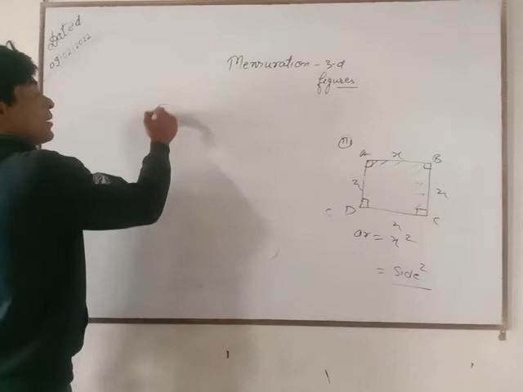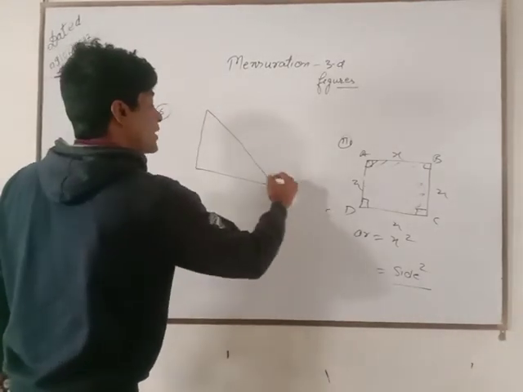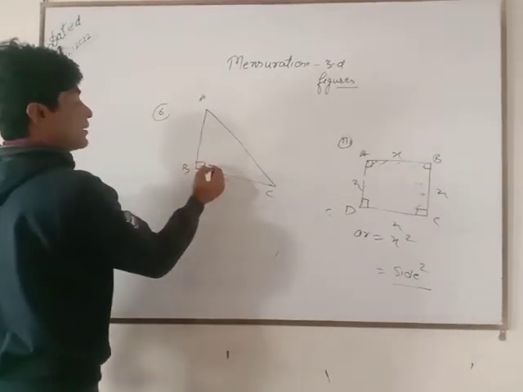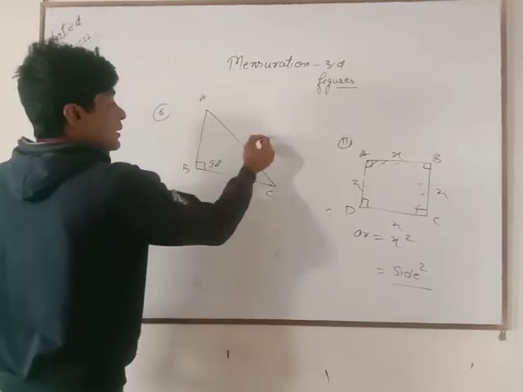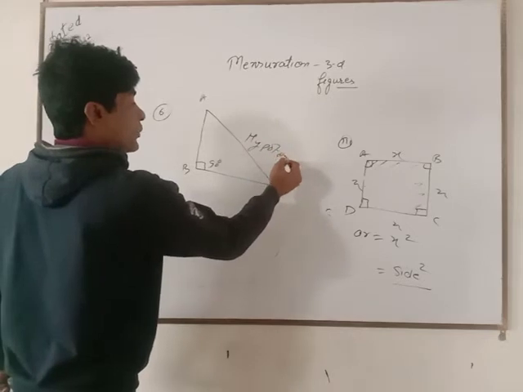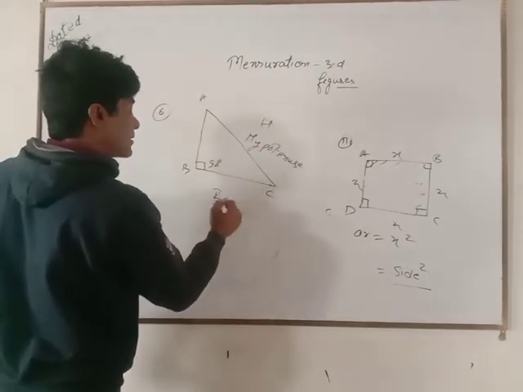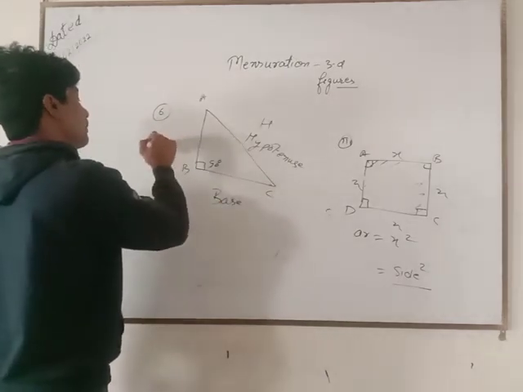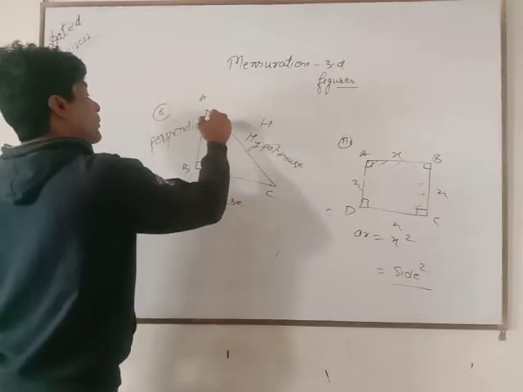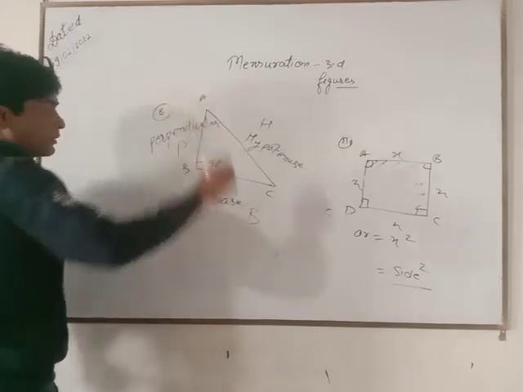And now the sixth figure. The sixth thing which you have to know is the right angle triangle, Pythagoras theorem or Bodhayan Sutra. If in triangle ABC, B is 90 degrees, then the side opposite to this will be the hypotenuse. This is the hypotenuse, denoted by capital H, and this will be the base, and this will be the perpendicular.